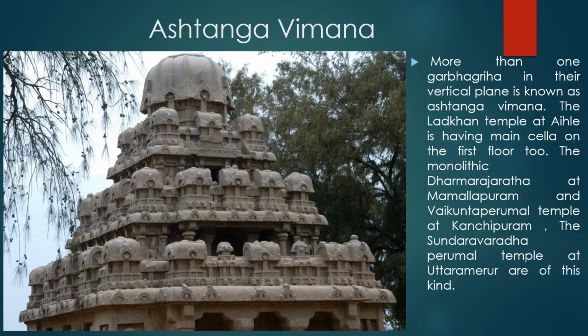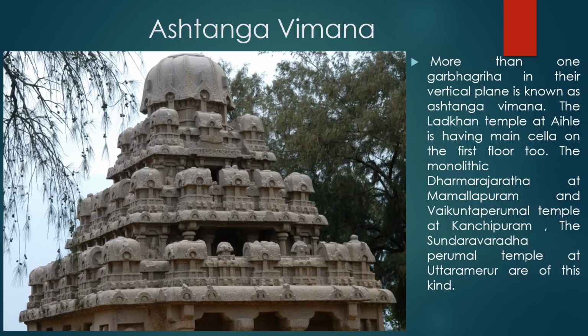We have the same kind of temple at Kanchipuram, the Vaikuntha Perumal temple. It is a Vishnu temple. In order to place standing, sitting and reclining postures of Vishnu within the Vimana, they constructed it around 8th century AD at Kanchipuram.